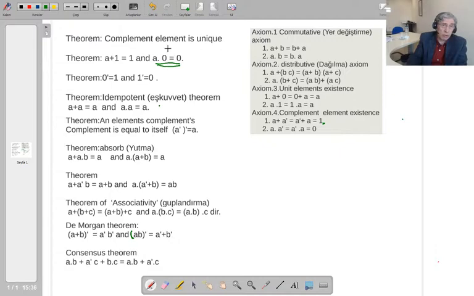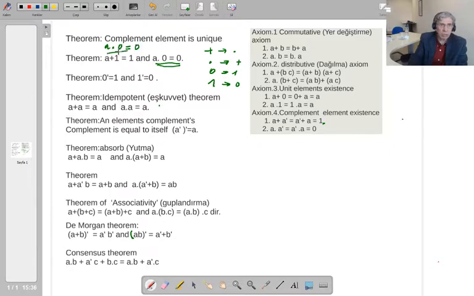How am I going to find this dual here? All you've got to do is replace plus with multiplication, multiplication with plus, 0 with 1, 1 with 0. You get this. You see here, I put a here. This plus and multiplication, I have done this. 1 replaced with 0, 0 replaced with 1.